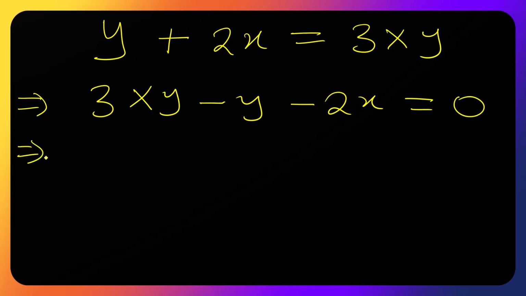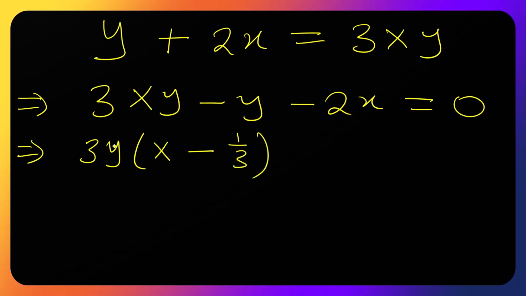Now from here we can take 3y out. Let's take 3y out and see. So if I do that, that will be 3y, so I'm left with x minus, okay, because I've taken 3y out, this side I can make 1 over 3y.